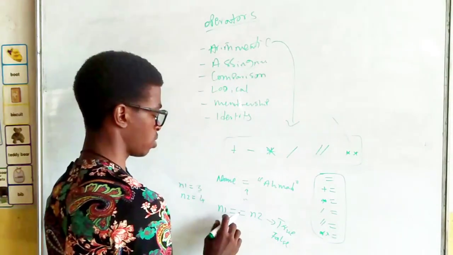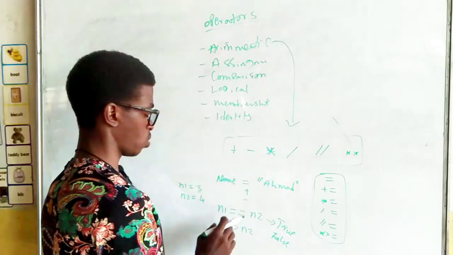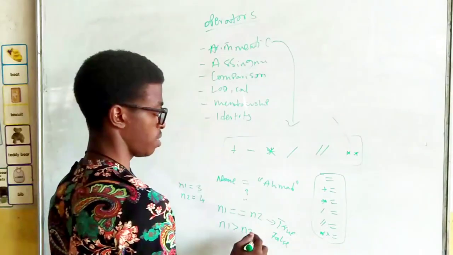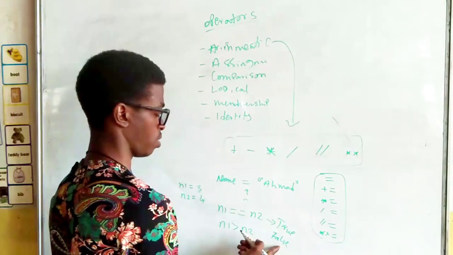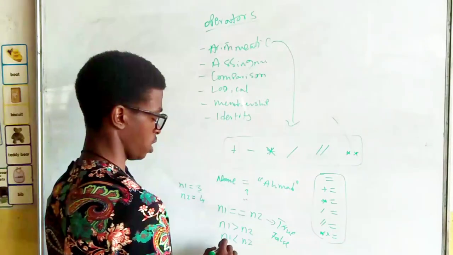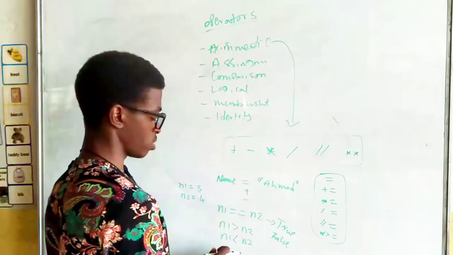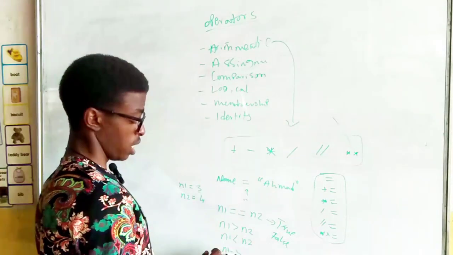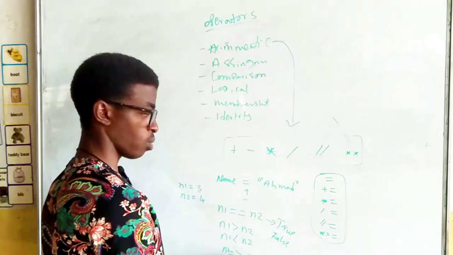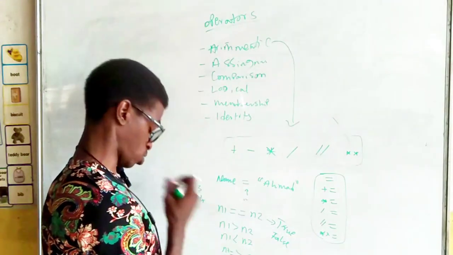Then after the double equal sign, I can also say n1, is it greater than n2? I'm just asking whether what I have inside n1 is greater than what I have inside n2. If yes, true. If no, false. Then n1 less than n2, then n1 equal to or greater than n2. So I'm asking two questions at the same time: is n1 equal to n2, or is n1 greater than n2?